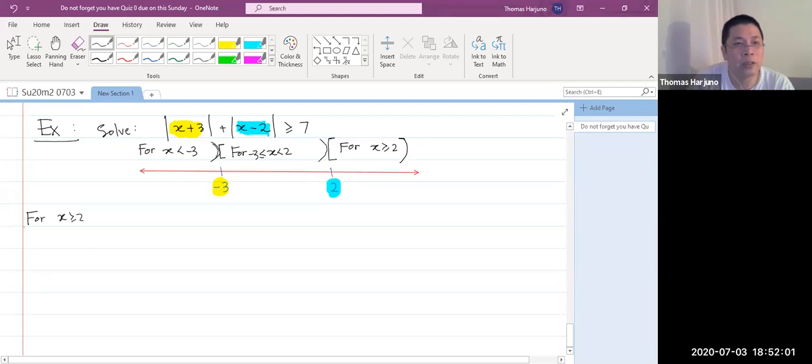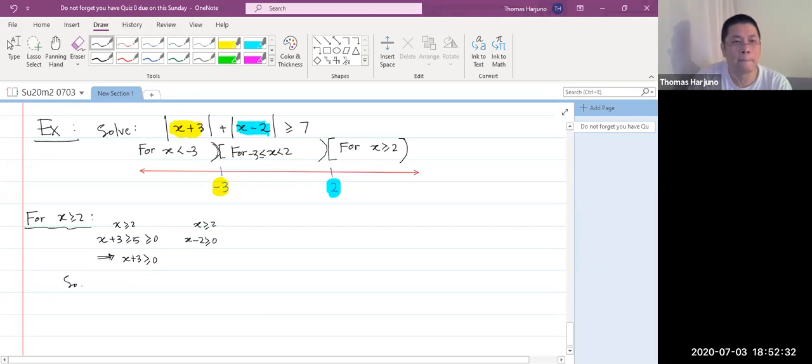Now, if x is greater than or equal to 2, what happens to x plus 3? When you add 3 to both sides, there will be at least 5, which is greater than or equal to 0. Which means that x plus 3 is greater than or equal to 0. Likewise, x is greater than or equal to 2 implies x minus 2 is greater than or equal to 0.